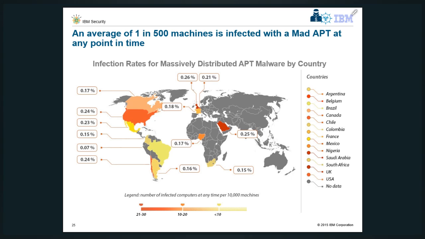The one with the highest infection rate at the moment is actually Saudi Arabia, and I don't know why that is off the top of my head. But you also see that Great Britain has a fair amount of infection, as does Belgium, and Chile's in there. So you can see through this heat map how infected everyone is. It's an interesting trend that we're seeing.